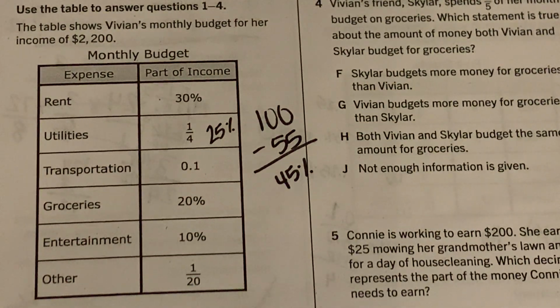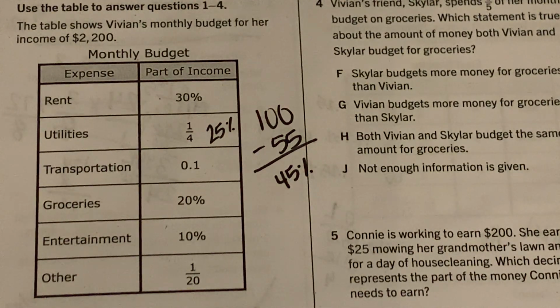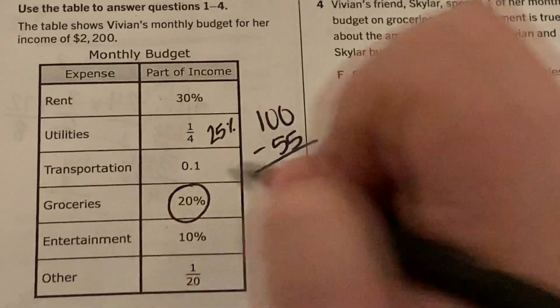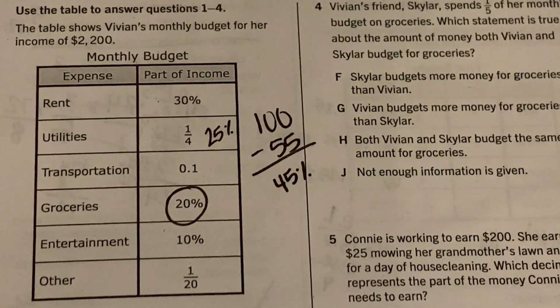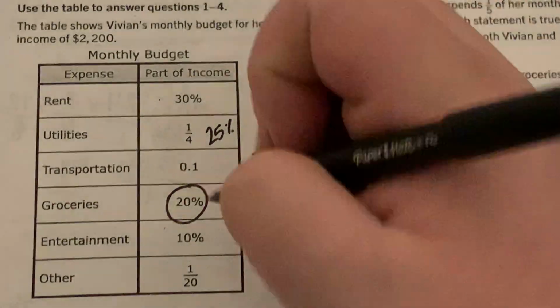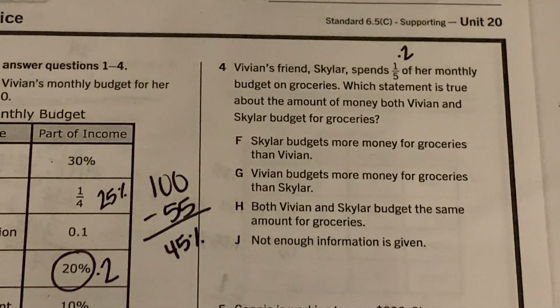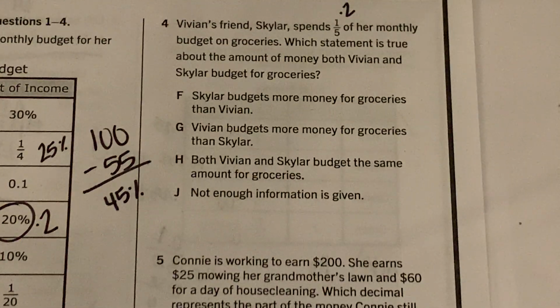If Vivian budgets 20% as groceries, what do we know about 1/5 and 20%? It's the same what? Percentage, or the same decimal, right? This is 0.2 and 1/5 is 0.2 also, or 20%. Okay, they're budgeting the same percentage.